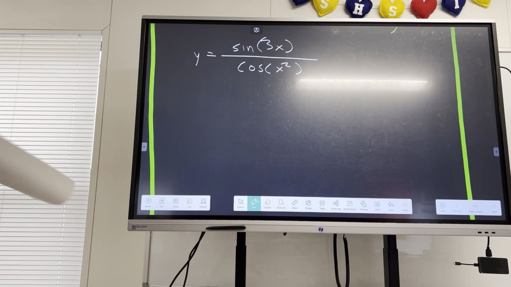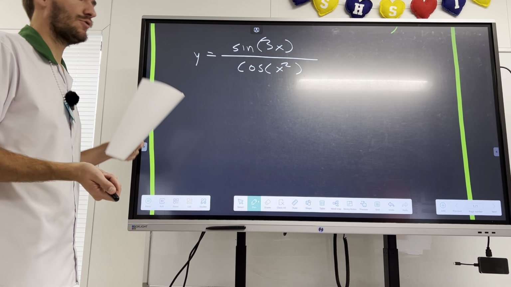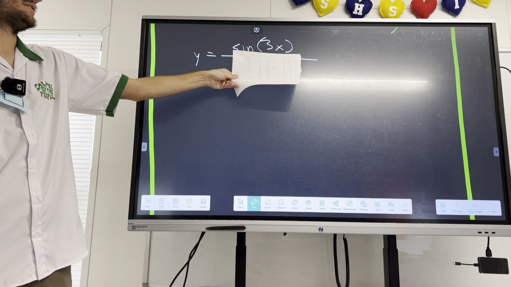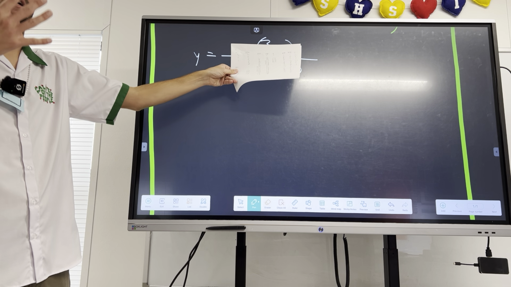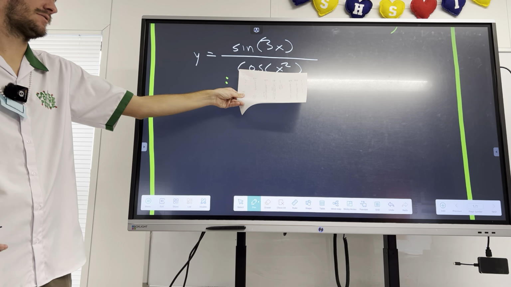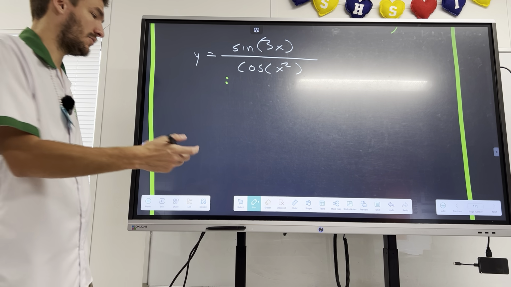Well, this one is going to be quotient rule. We got two things stacked on top of each other. This is sine of another function, 3x, so that's going to need a chain rule, and this down here is also going to need a chain rule whenever we do the actual derivative of it.